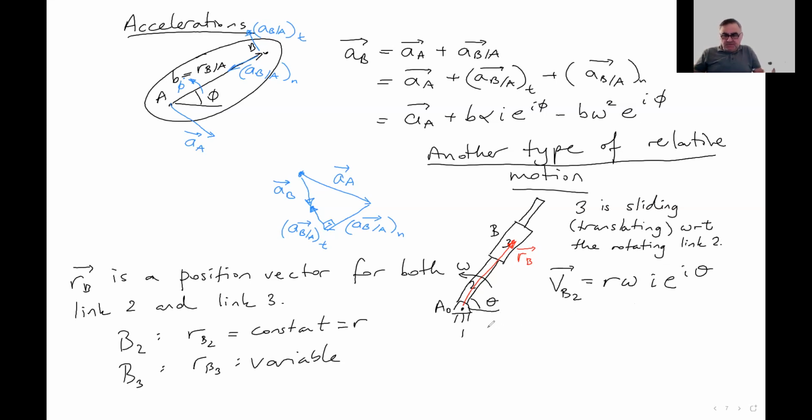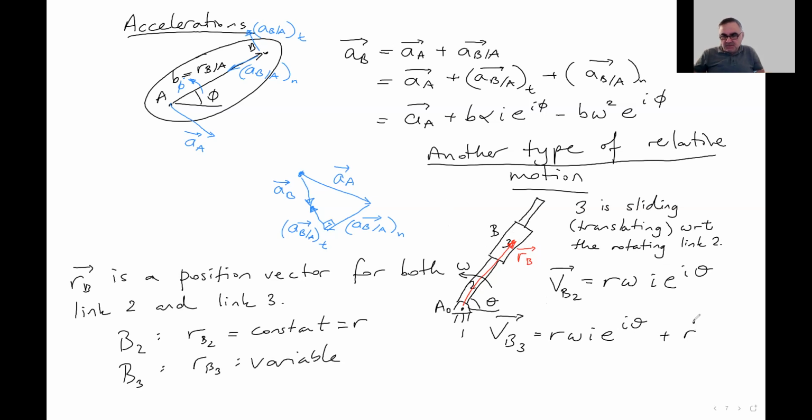But for B3, it's not the same thing. VB3 will be R omega i e to the i theta, which is VB2, but plus there is something else. It moves with link 2, but it moves with respect to link 2 as well.